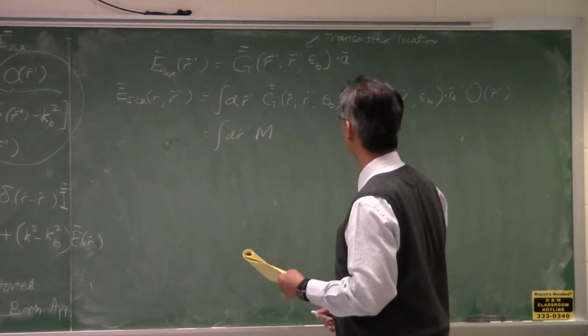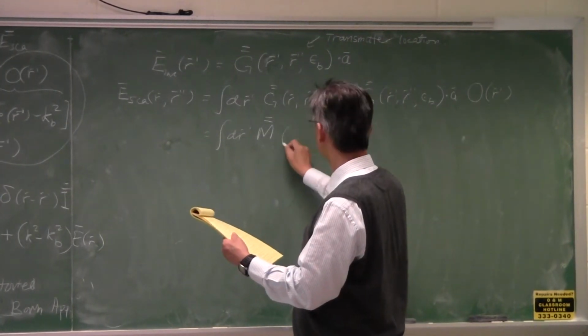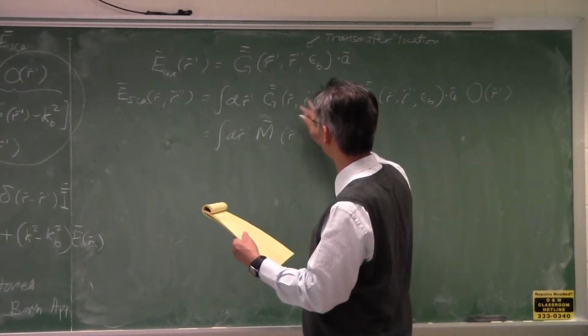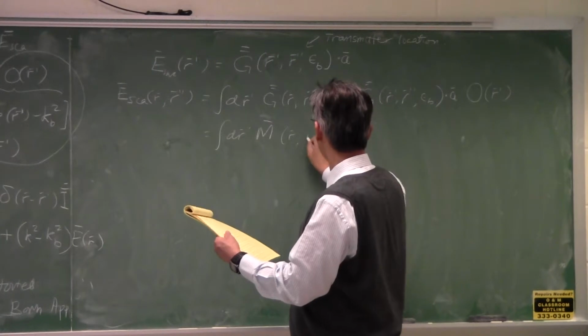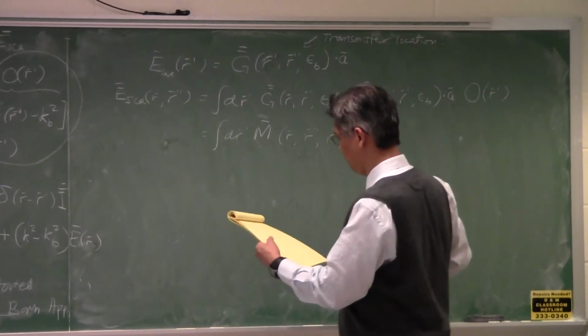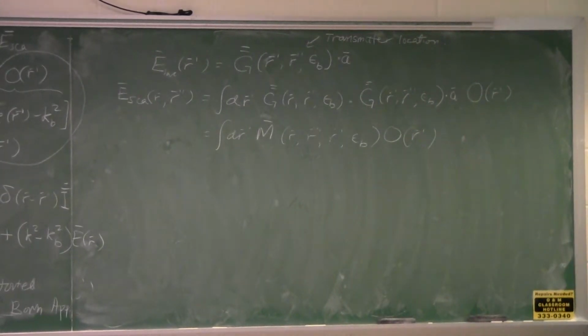Okay. So you can see that this is in fact something of the form of an operator acting on the object function. Okay, in this case it is a vector operator, sorry, not a tensor. There's R double prime, R prime, epsilon B times the object function of R prime. Okay.